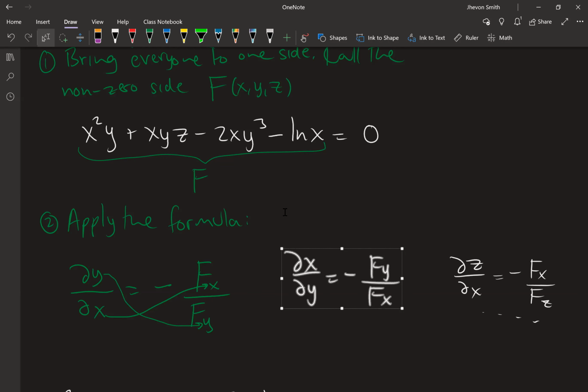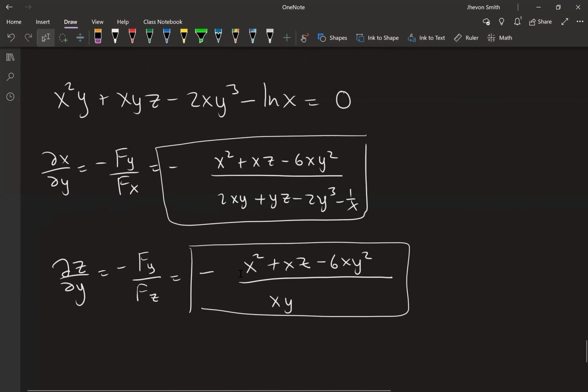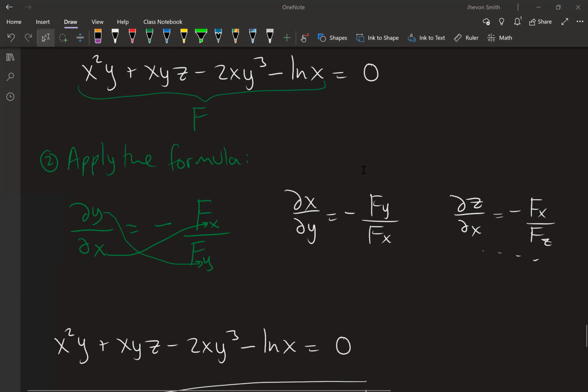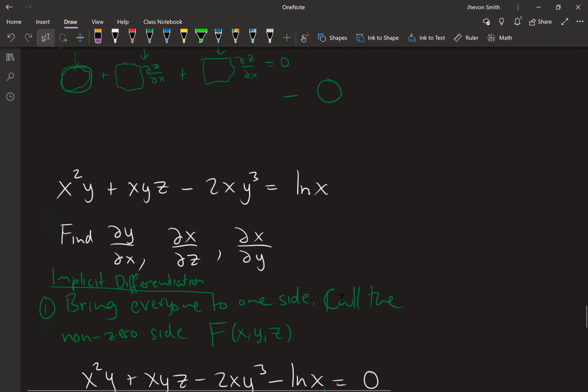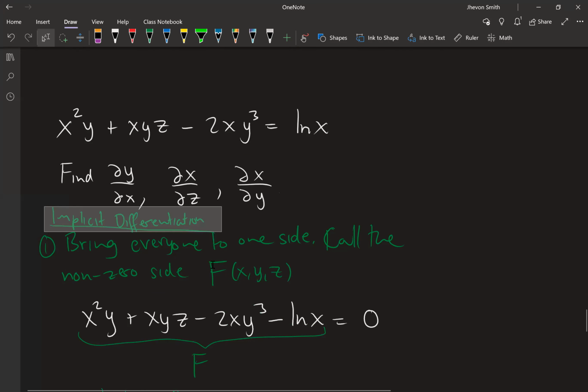So that's implicit differentiation. You can do it by that formula. I mean, you could have also done it the long way, but I'm not sure why you would want to do that. The formula is for implicit differentiation specifically, so that's why I titled it implicit differentiation.